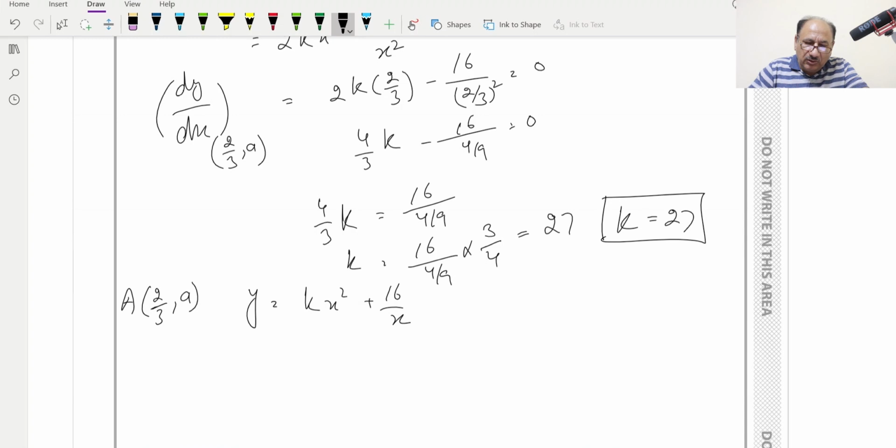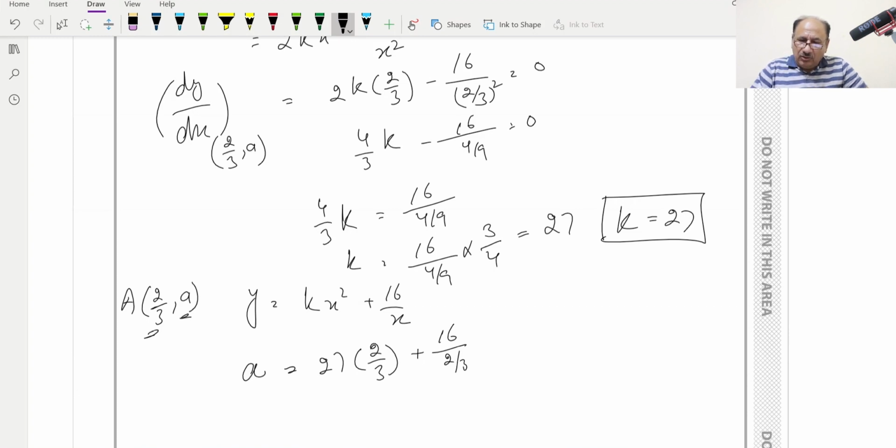So a is equal to the k value 27 times the x value 2 by 3, squared, plus 16 over the x value, which is 2 over 3.